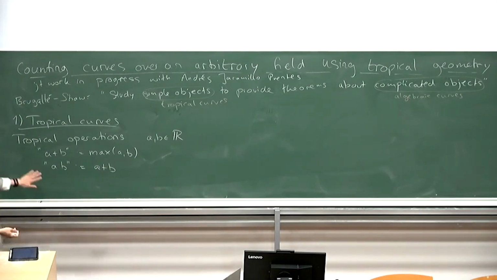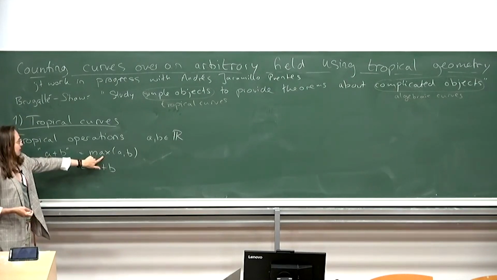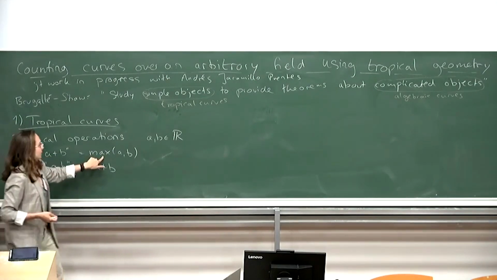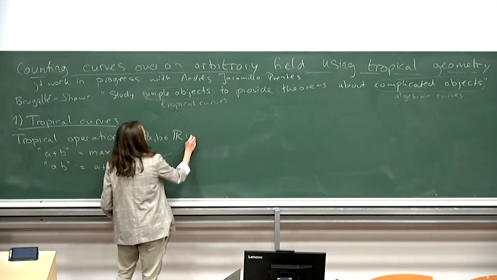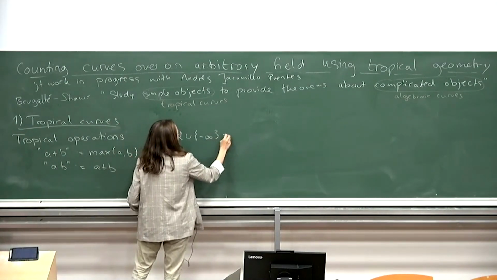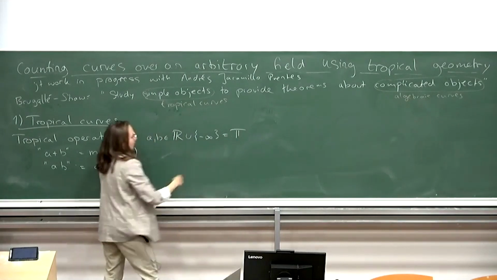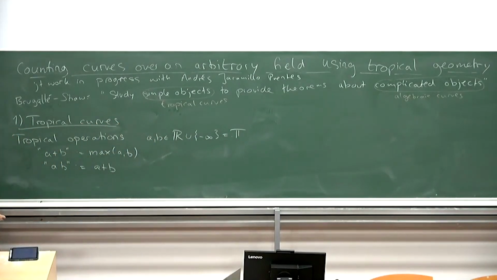This is not a field because I don't have inverses to the addition, but I have a neutral element if I add minus infinity, and this is the tropical semifield, T for tropical.